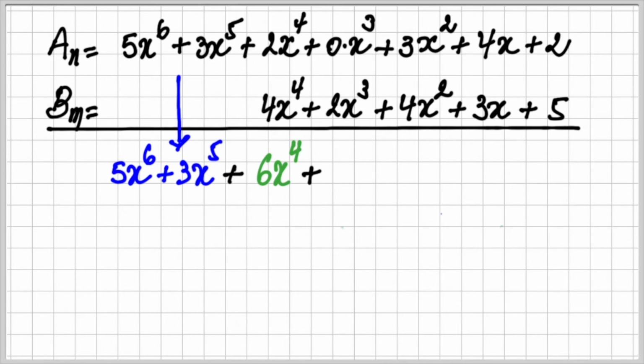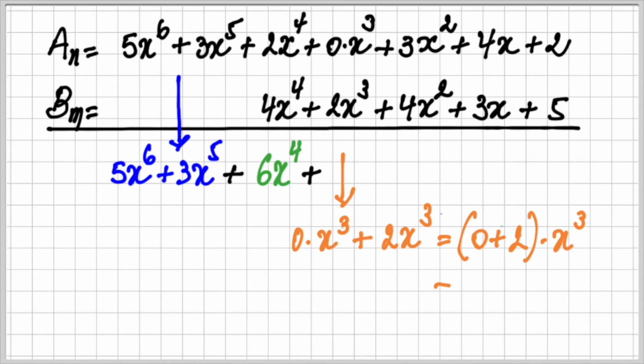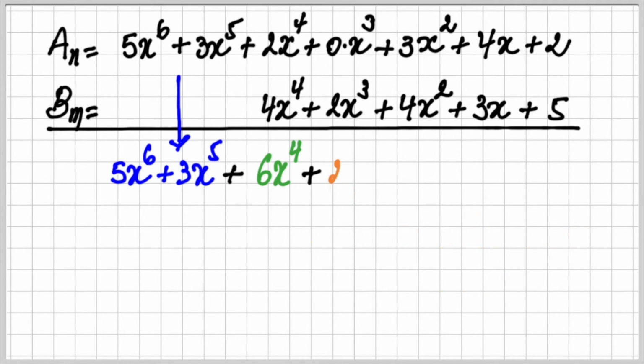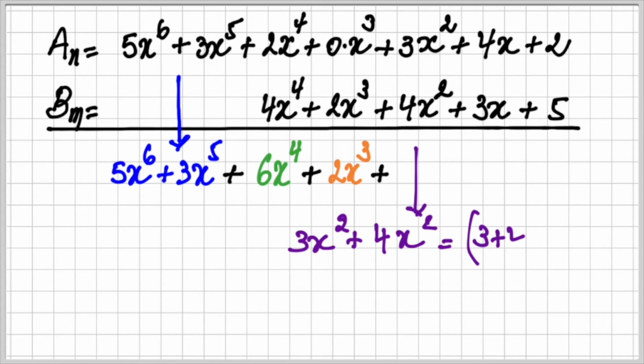Now the following term, we have 0x to the third plus 2x to the third, which gives us 0 plus 2 times x to the third, basically just 2x to the power 3, and we add it also to the equation. The next term is 3x squared plus 4x squared. So we find here 3 plus 4 times x squared, which is 7x squared.